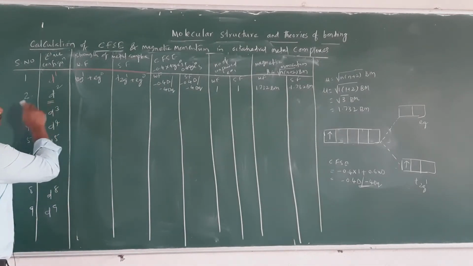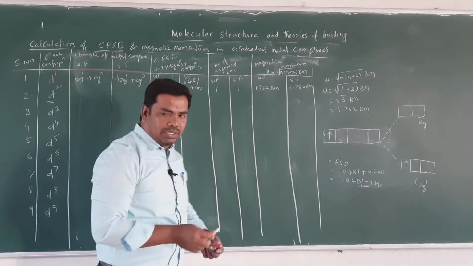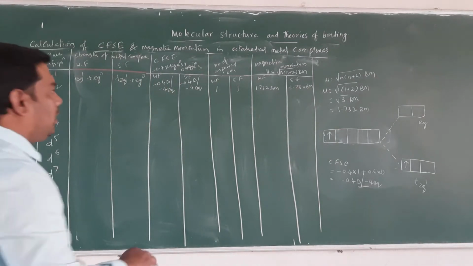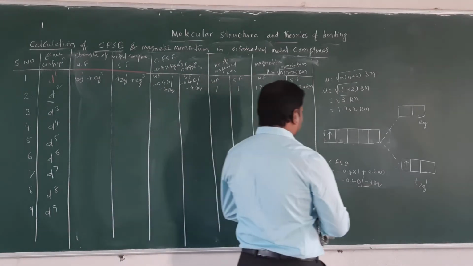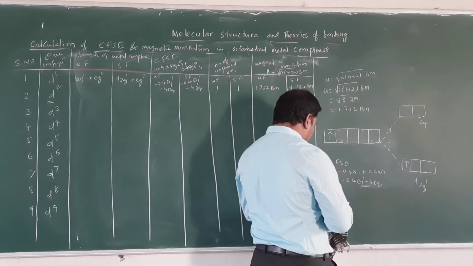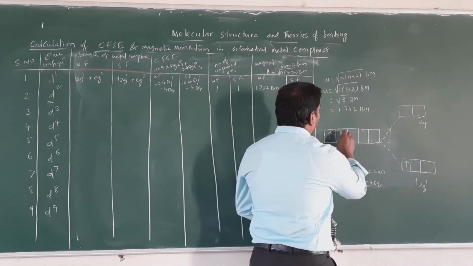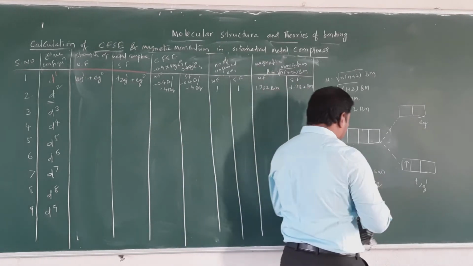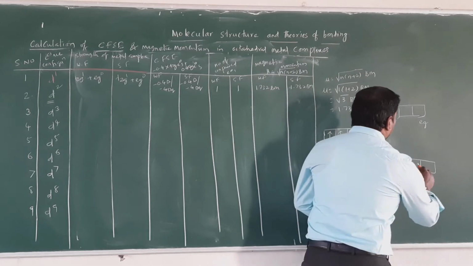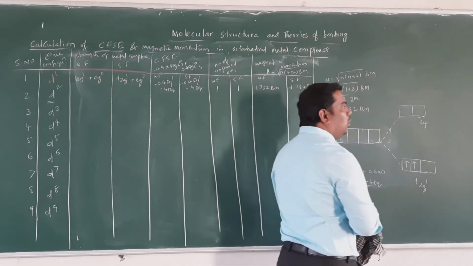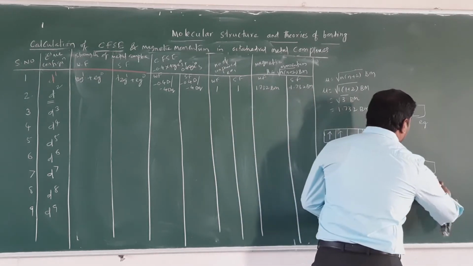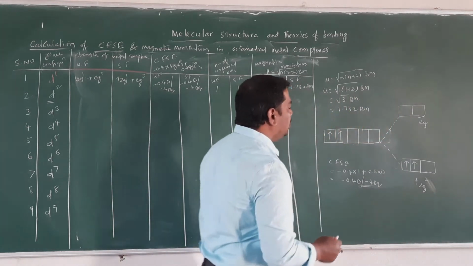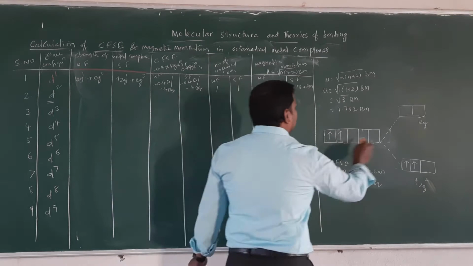Then move to the d2 configuration. How many electrons are there in the d orbitals? Two electrons. The second electron is also placed into the t2g energy level, so the configuration is t2g2 eg0.